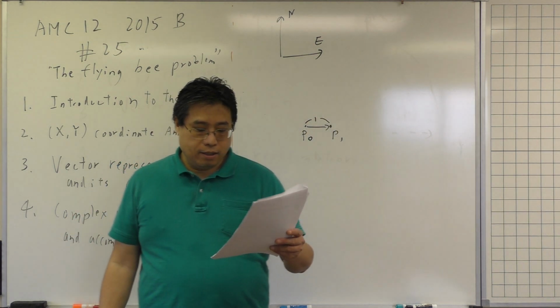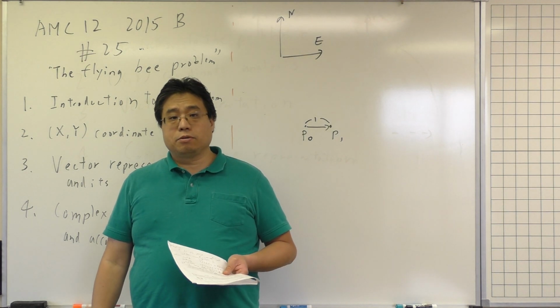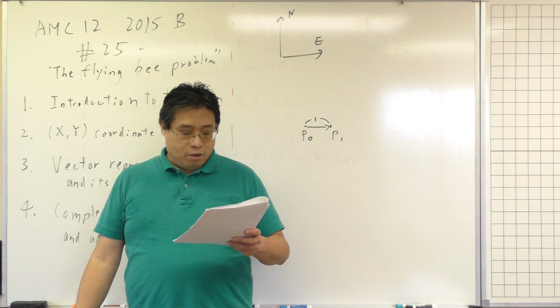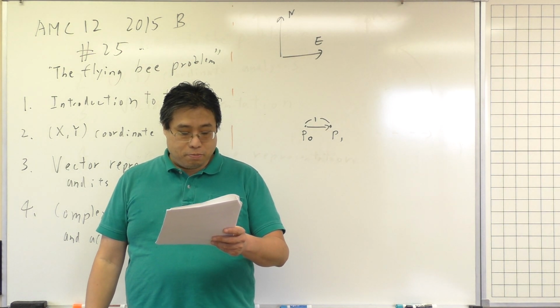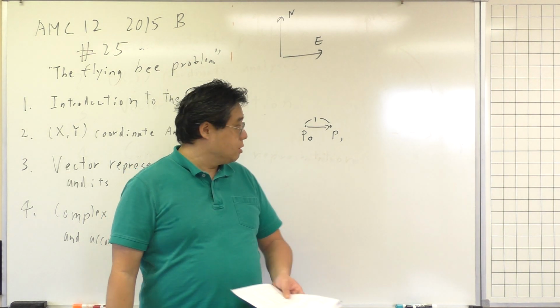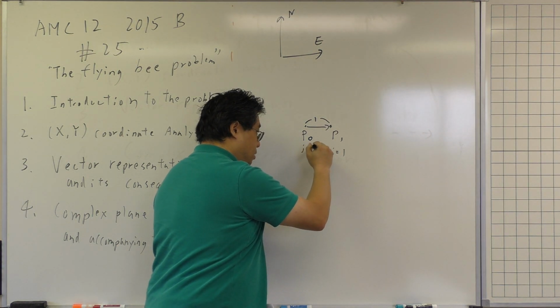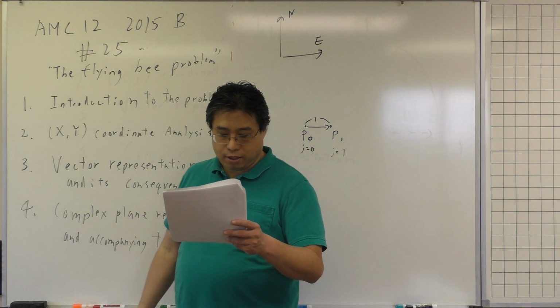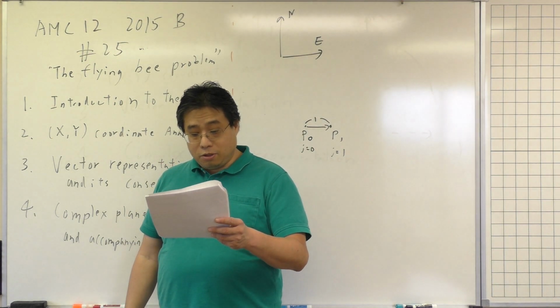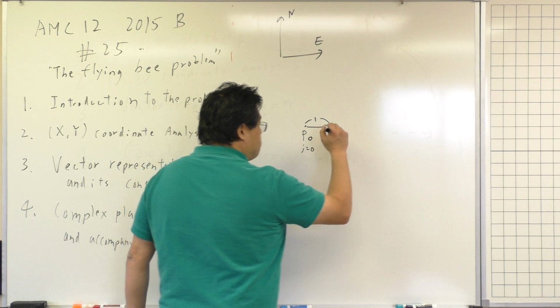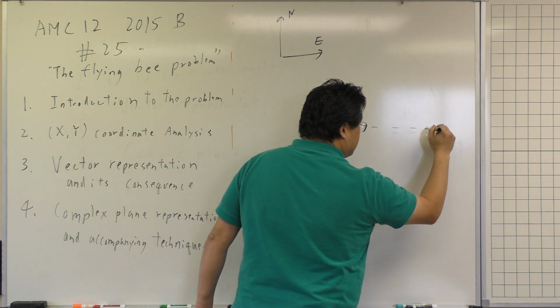For j greater than or equal to 1, so they want us to continue on after this. Once the bee reaches point Pj, I guess that means this is point j equals 1, and that was j equals 0. She turns 30 degrees counterclockwise. The bee used to be traveling in this direction.